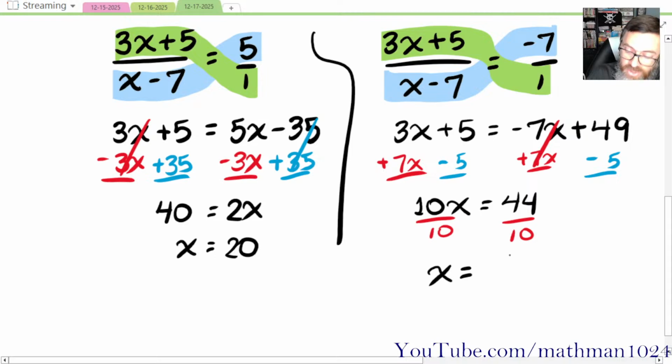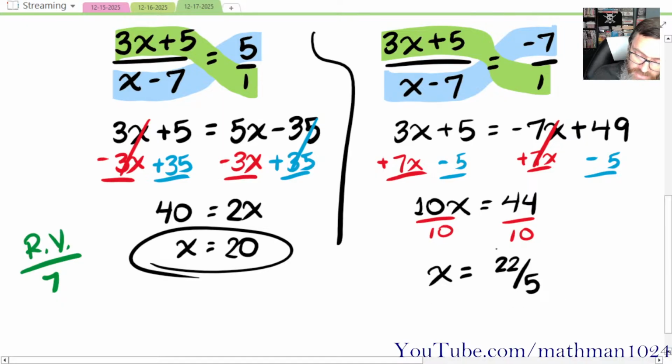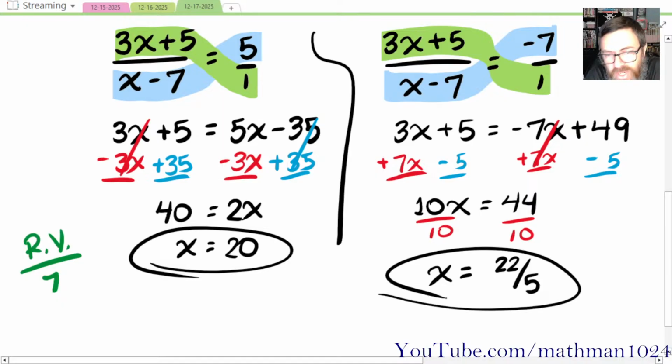Common factor here is 2. So we have 22 over 5. Now, in this original problem, we had a denominator of x minus 7. So my restricted value would have been 7. But I don't see that for either of my solutions. And provided that I've done everything correctly, these guys are both going to work out.